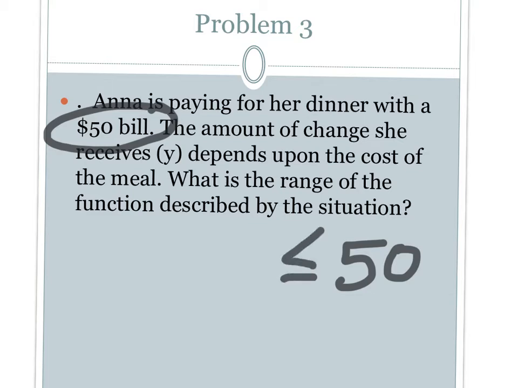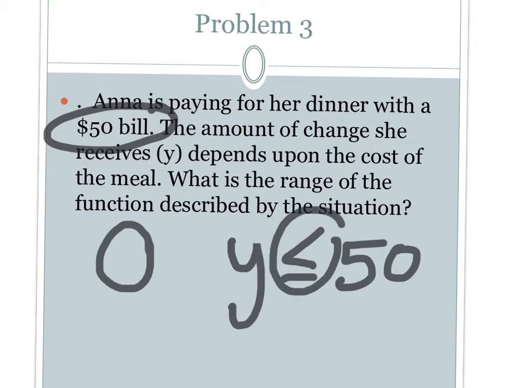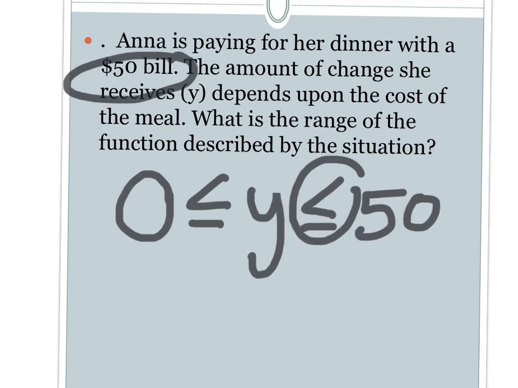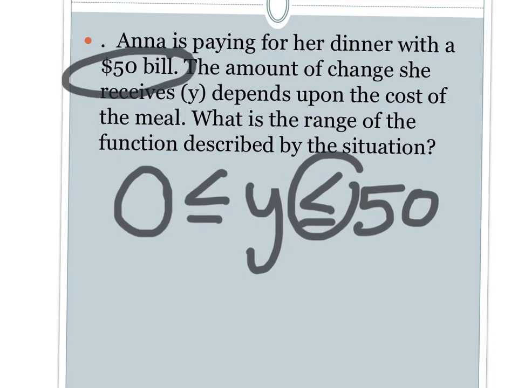Range is always y. But here's the issue. The issue is that you can't be in debt. You can't go to a place and owe them money because she has $50 bills. So if it can't be negative numbers, you're going to put a 0. And same symbol here, it can equal 0, so it's going to be 0 less than or equal to y. I guarantee you, on anything you see, they're going to write this as well.